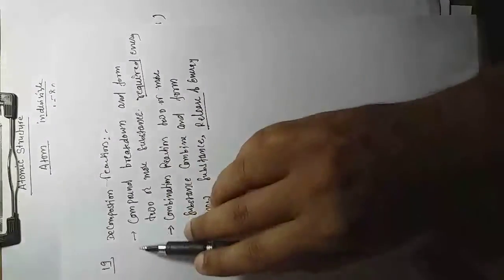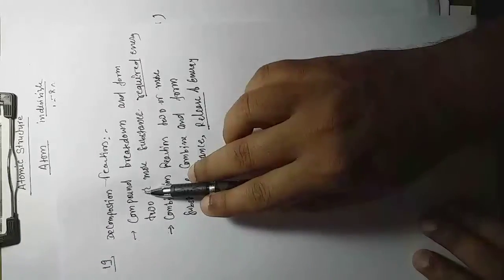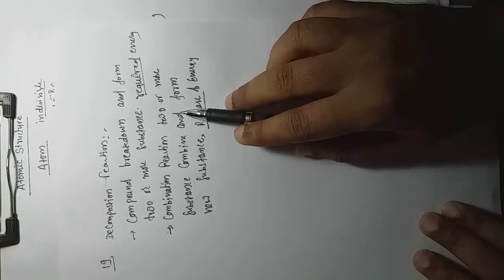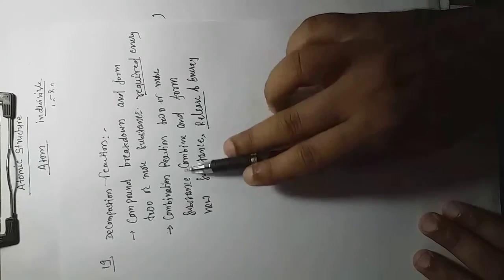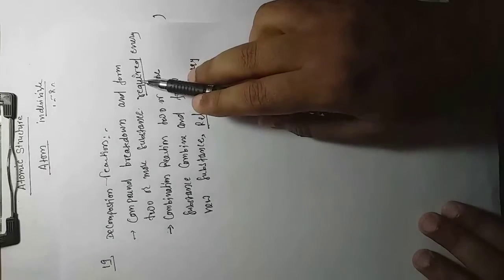So both are opposite. The key factor of the decomposition reaction is breakdown into a simpler form. Here, two molecules are combined to form one new substance. In decomposition, energy is required, but in combination, energy is released.